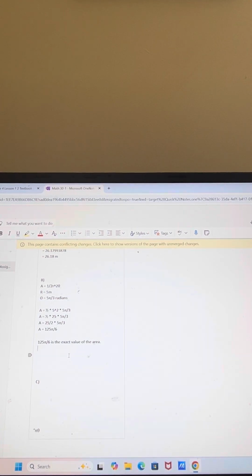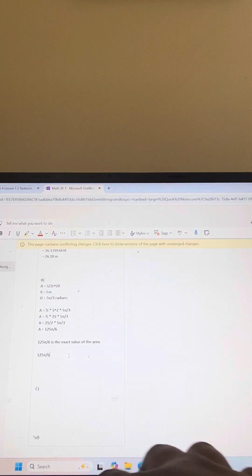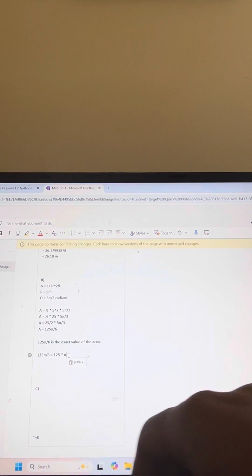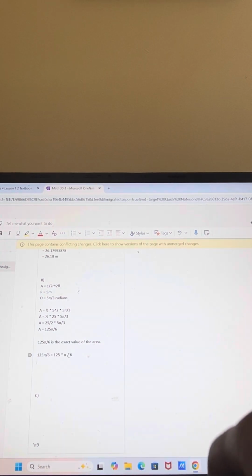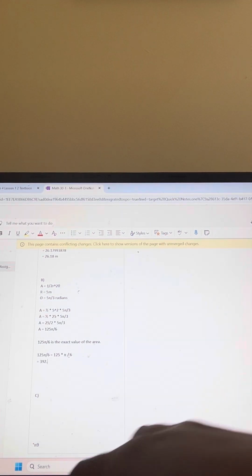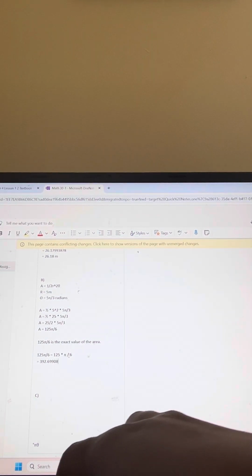And now we need this as an approximate. So again, 125 pi over 6 is going to be equal to 125 times pi, and divide this by 6. This is going to be equal to 392.6990817.